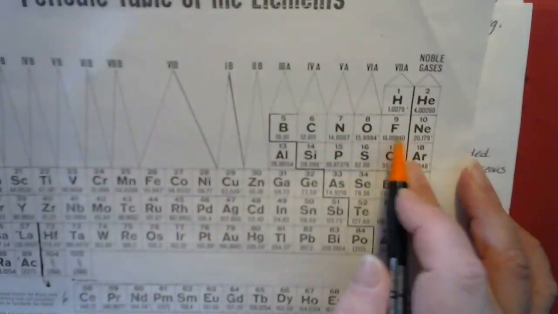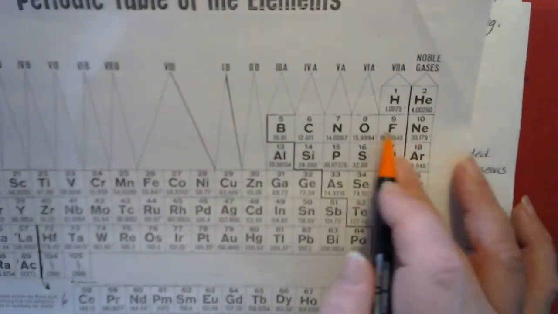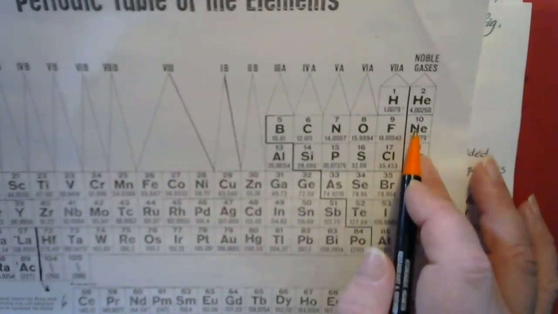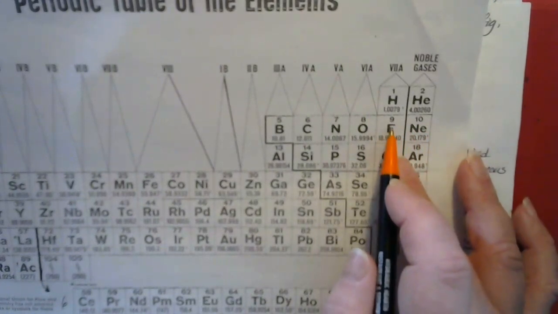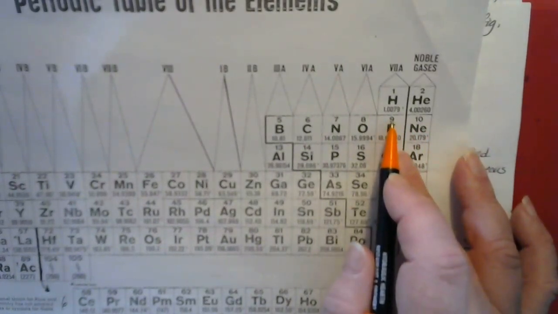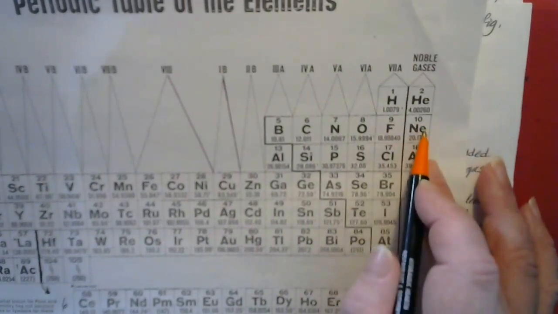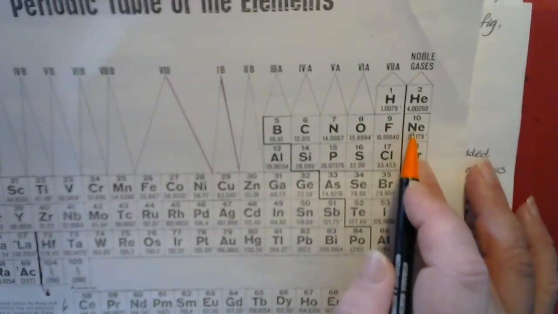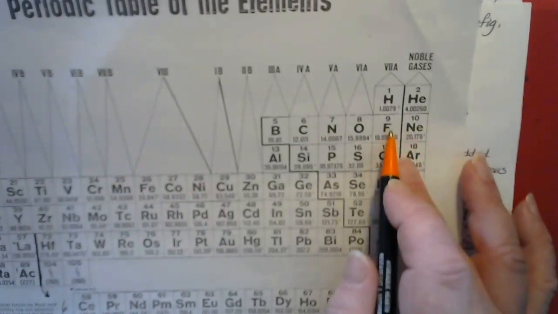Like the case of F- versus Ne. F- and Ne, like I mentioned before, have the same electron configuration: 1s2, 2s2, 2p6, for a total of 10 electrons. But fluorine still has only 9 protons in the nucleus, whereas neon has 10. So neon has a more positive nuclear charge, but the same negative charge around the nucleus as F-.